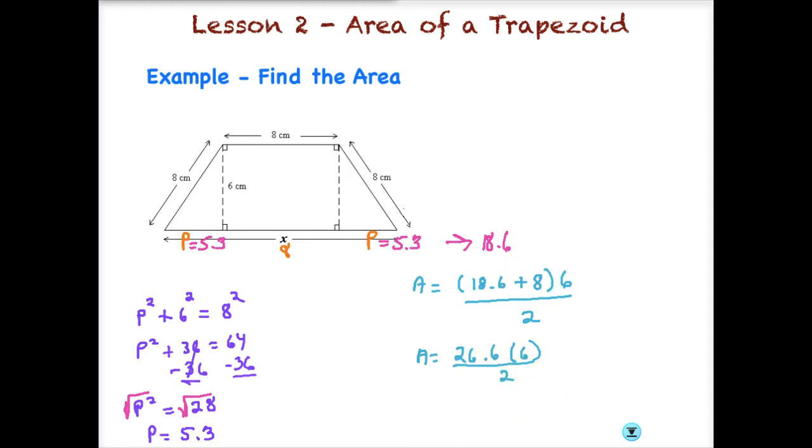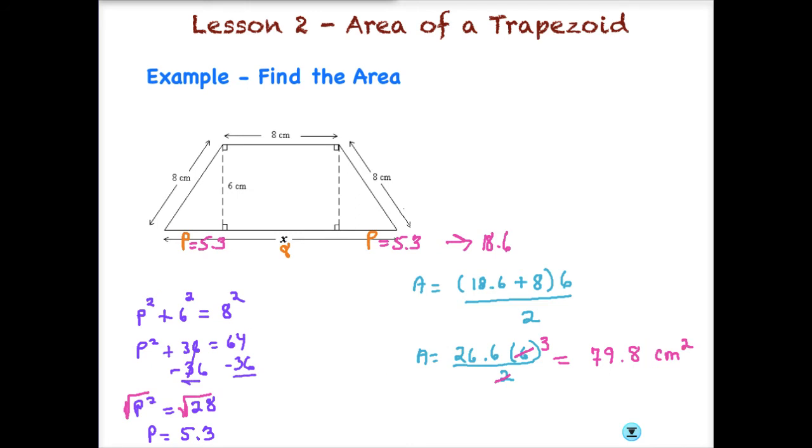Now this time I'm going to change how I do this. I could multiply these two and divide by 2 on my calculator, but if I don't want to use my calculator, I can take 2 into 6 and get 3, and then I can just multiply 26.6 by 3 and get 79.8 centimeters squared.